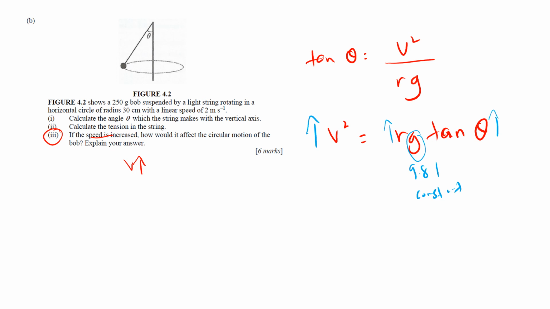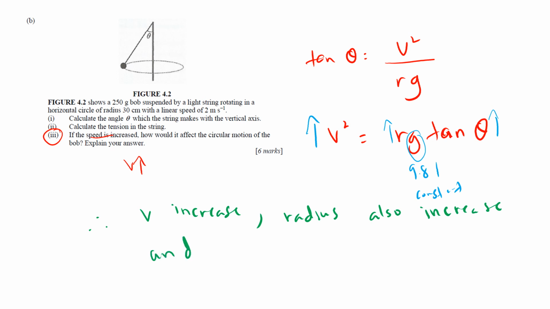So what answer should you write? You write: when V is increasing, radius also increases, and angle theta, which the string makes with the vertical axis, also increases.